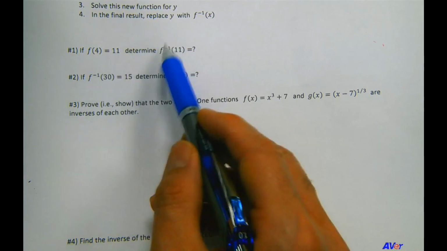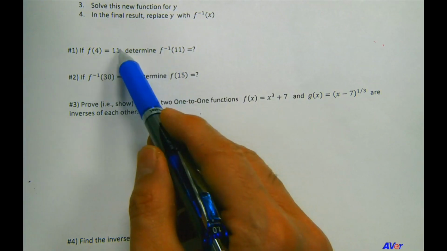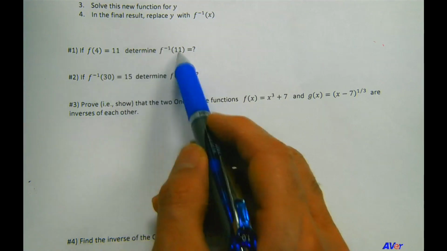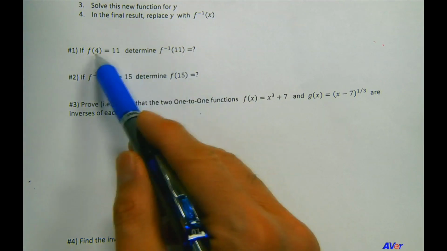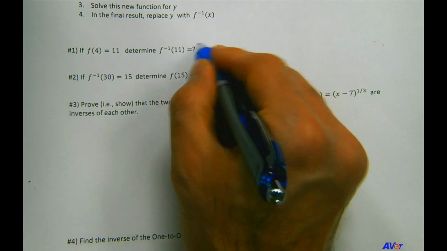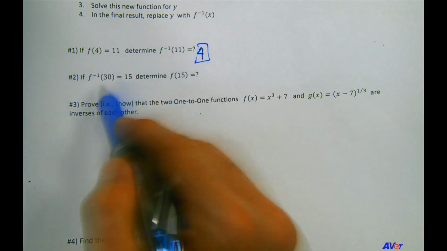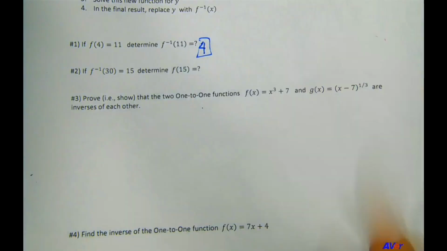So if this function is an inverse of that function, then what used to be y is now x, and what used to be x is now y, 4. So that's the answer. The x becomes y.